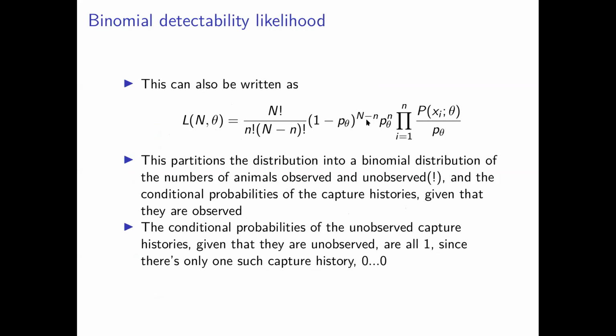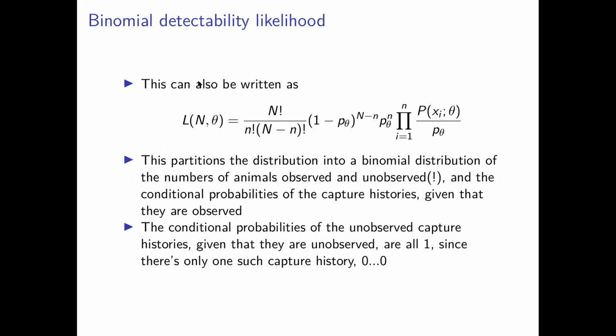And you can also write it by taking out a factor of P sub theta for each of the capture history probabilities. And if you put it here, then this part of the likelihood is now the binomial distribution of the number of animals that are observed out of the population and the number that are not observed.